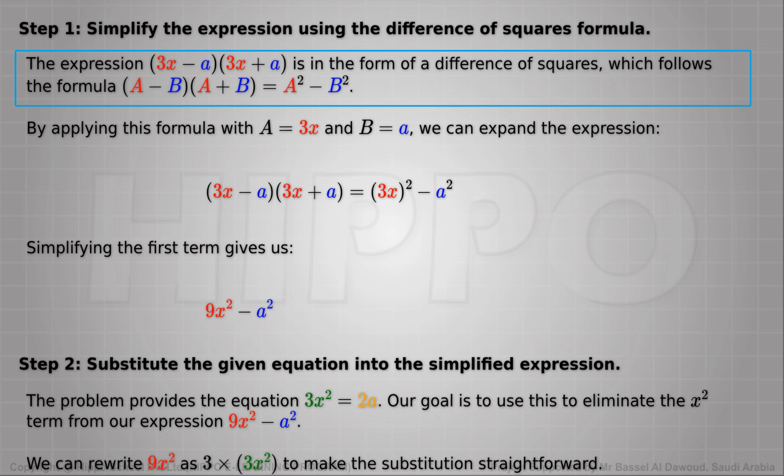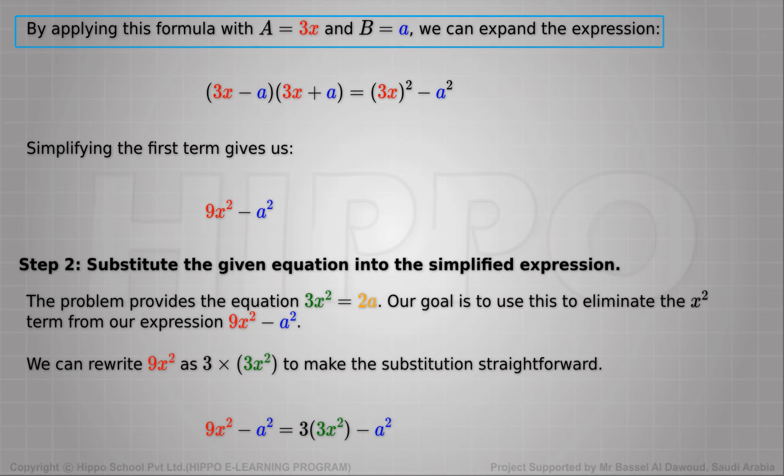As you see on the screen, this is known as the difference of squares. The formula is (a minus b) times (a plus b) equals a squared minus b squared. Recognizing this pattern is the key to solving this problem quickly.